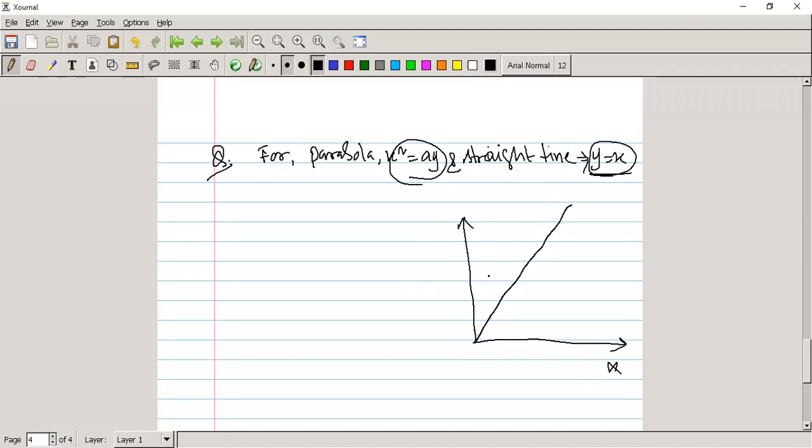And x square is equal to a y, it means it is like that. This is one straight line, and you have to find out the centroid for this section. Clear?